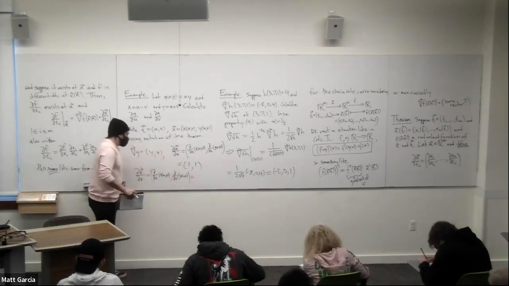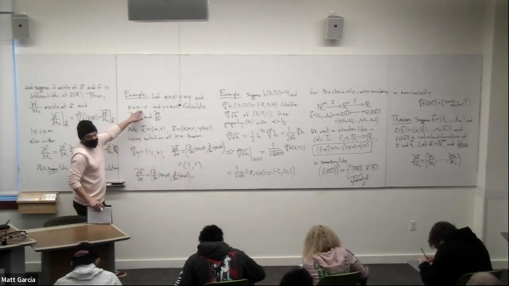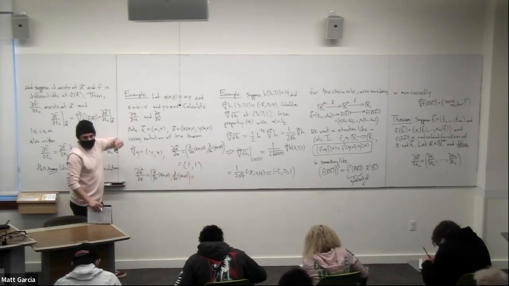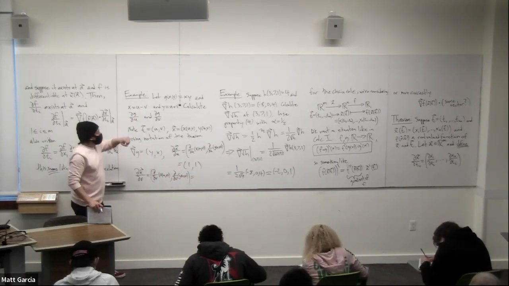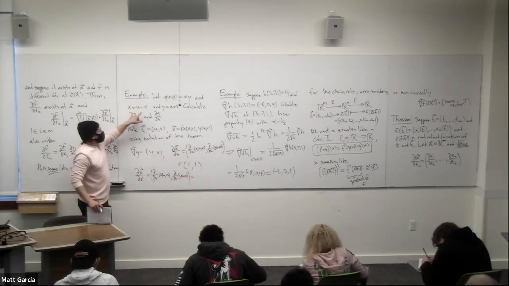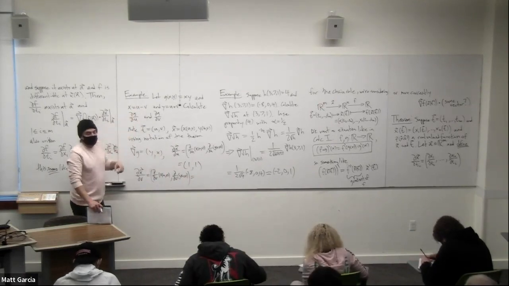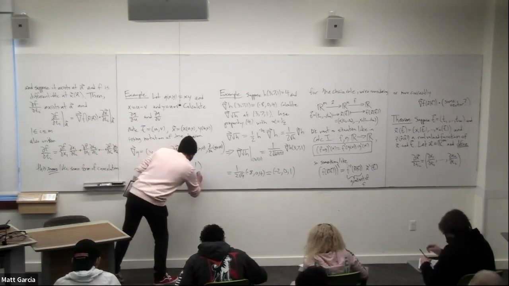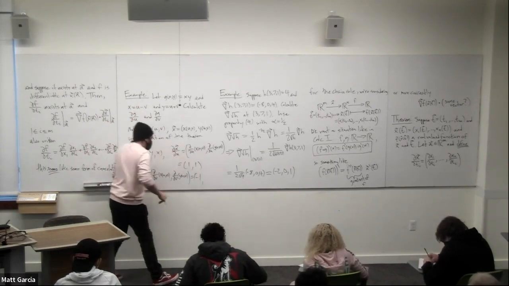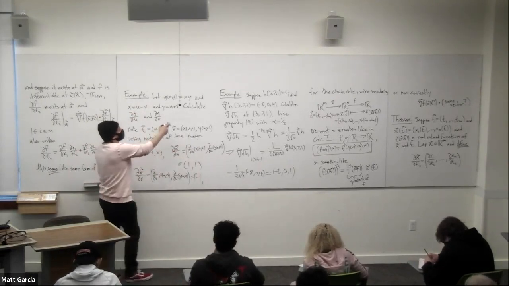Okay, what's the partial derivative with respect to V of X? Okay, so we get a 0 from the U, and what do we get from negative V? -1, good. And the partial derivative of Y with respect to V is just 1.